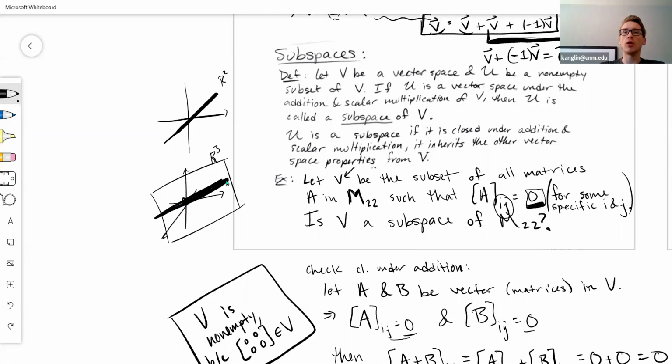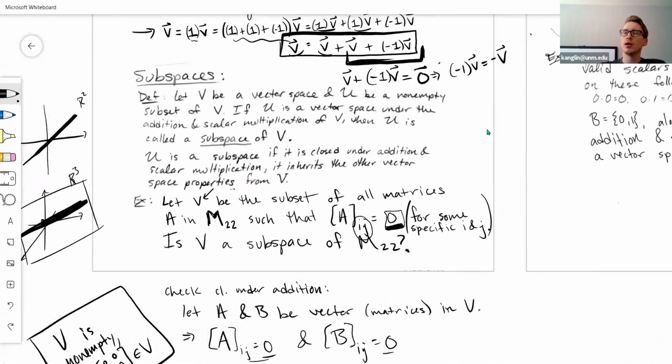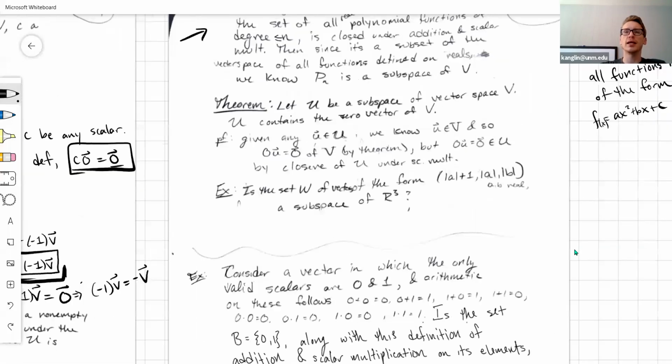Likewise, if I take a plane or a line through the origin in R3, it will always, no matter what, contain the origin of R3, right? Both of these subspaces, whether it's a line subspace or a plane subspace, will have to contain the origin of R3. That's really what this theorem is saying here.